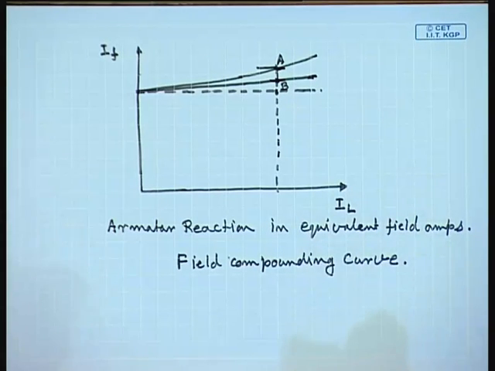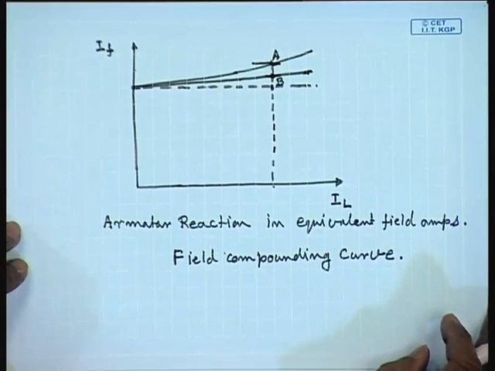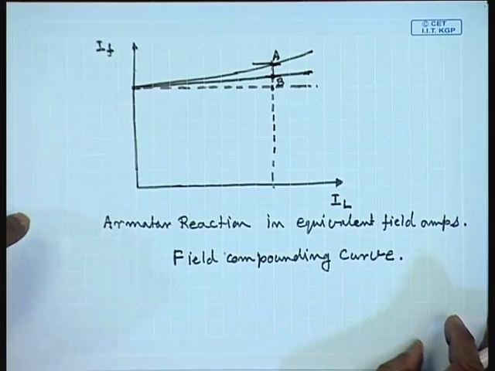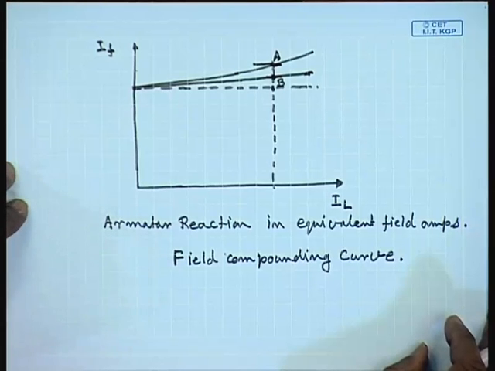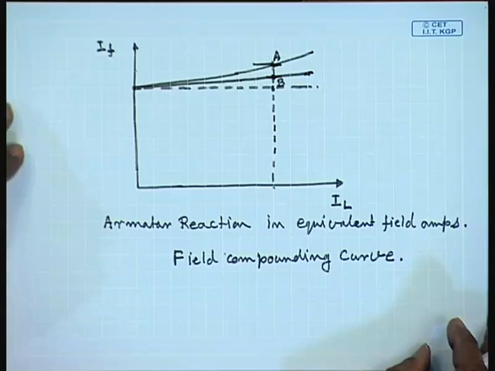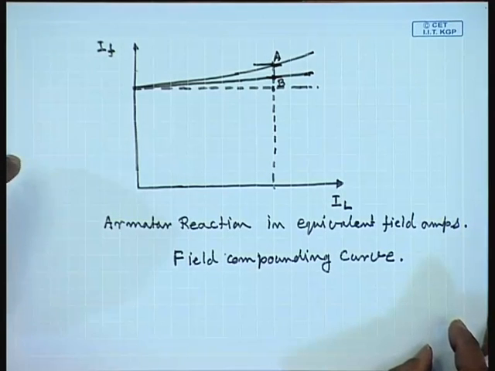A field compounding curve is a plot of the field current versus the load current at constant rotational speed and at constant terminal voltage. That is, it plots the field current required to keep the terminal voltage constant for any given load current when the machine operates at constant speed.